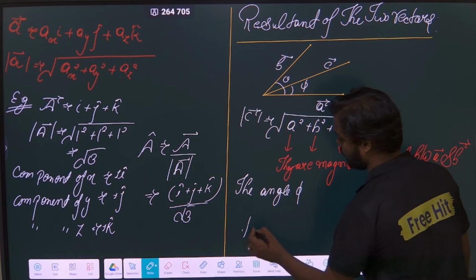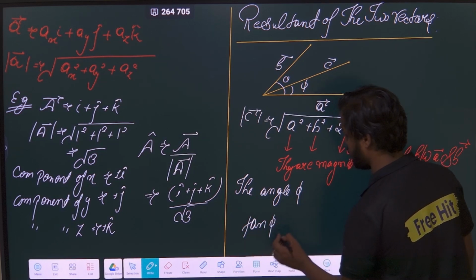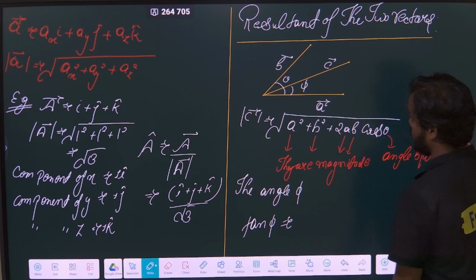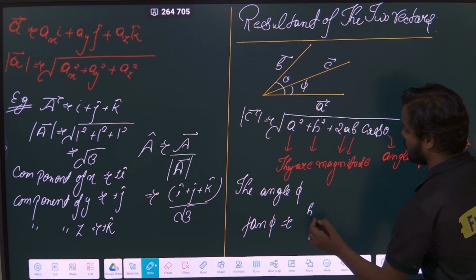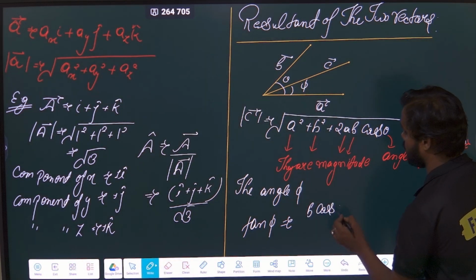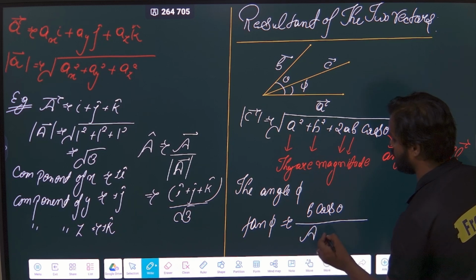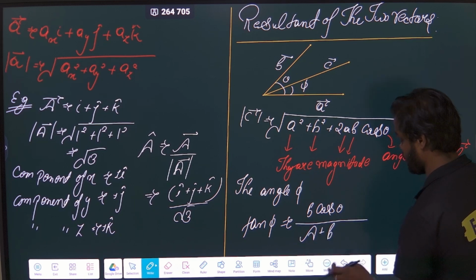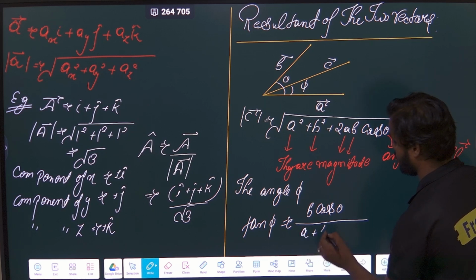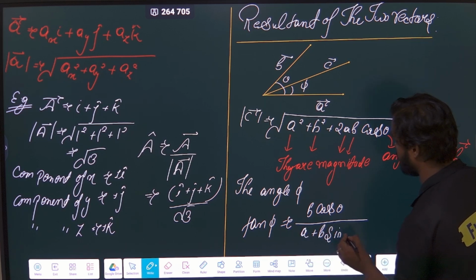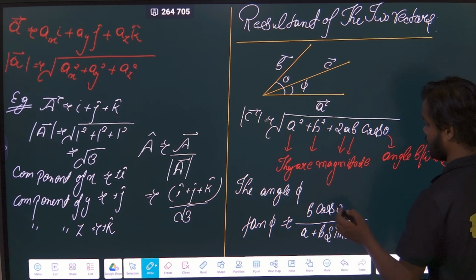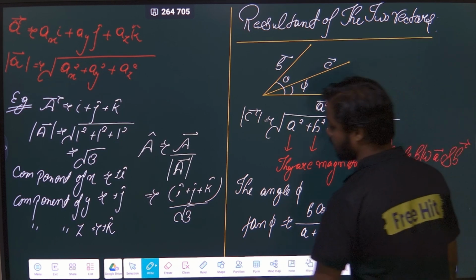We have a formula: tan phi is equal to B sin theta divided by A plus B cos theta. Here also A and B are magnitudes only. Clear?